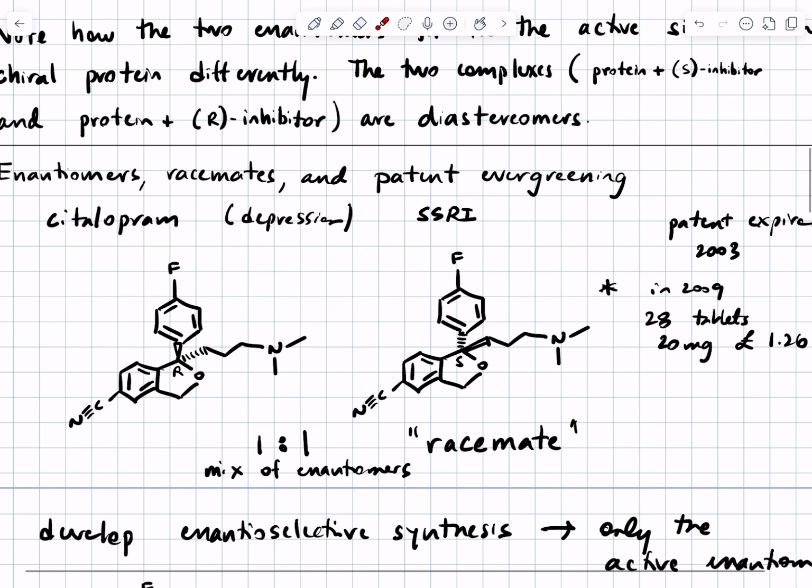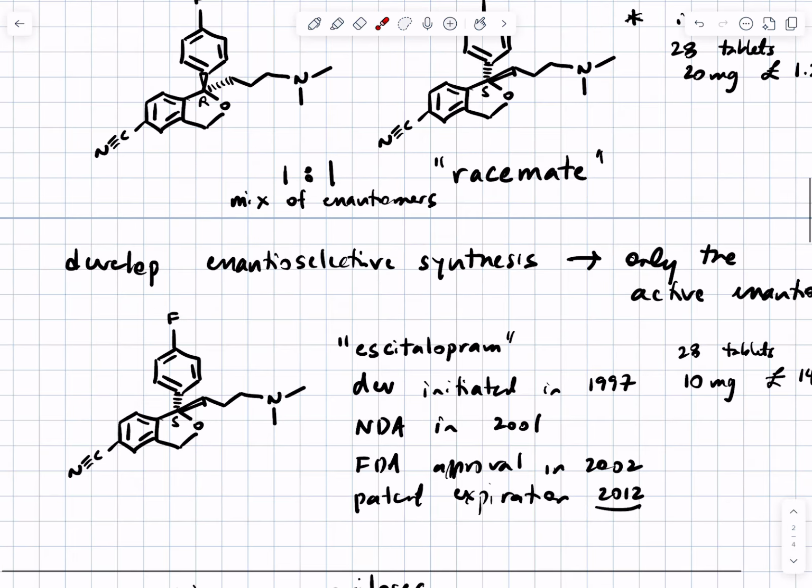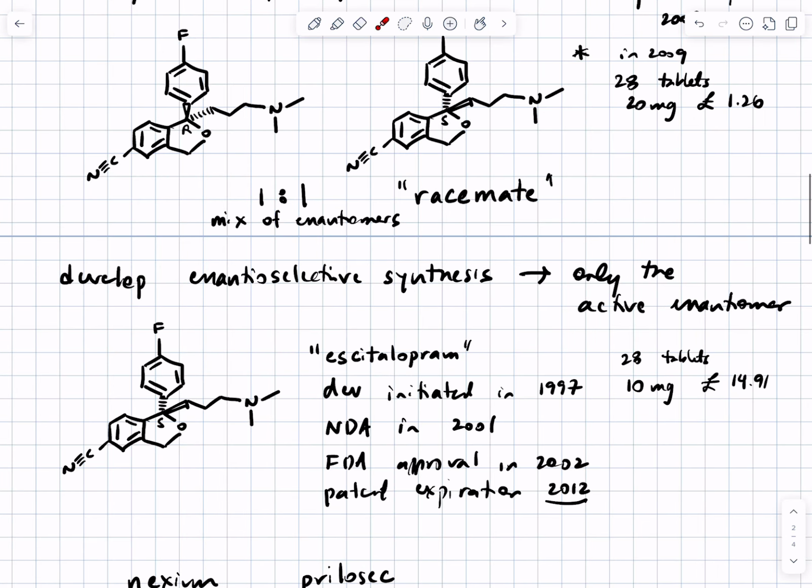They knew about that and they prepared for it because at the same time that the drug was being approved in the United States, the drug company developed in 1997 an enantioselective synthesis of the S enantiomer. And the FDA allows you to get a new patent on the process that creates the S enantiomer only. Okay? So they filed a new drug application in 2001, and FDA approval was in 2002.